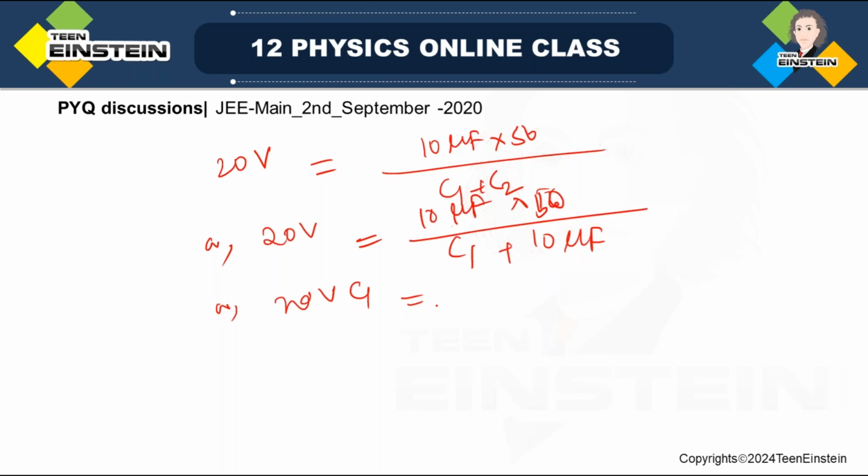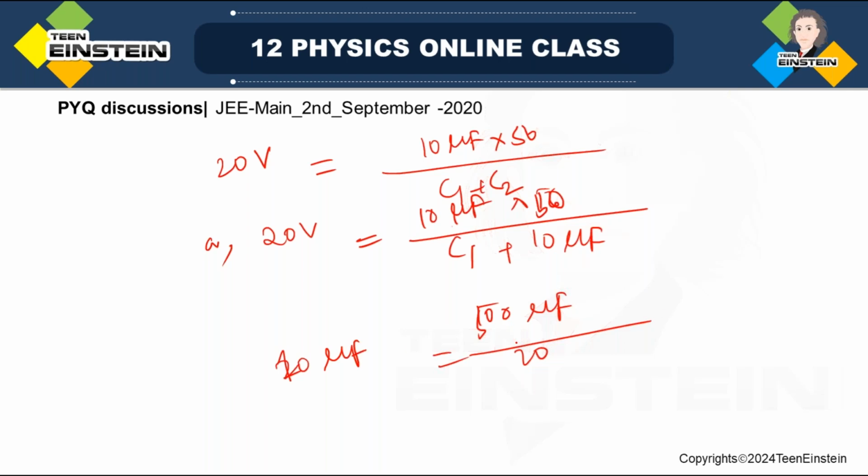So if you do the calculation carefully, you'll get from here 10 microfarad into 50, so 500 microfarad, divided by 20. I'll keep only 10 microfarad here, and then take this.